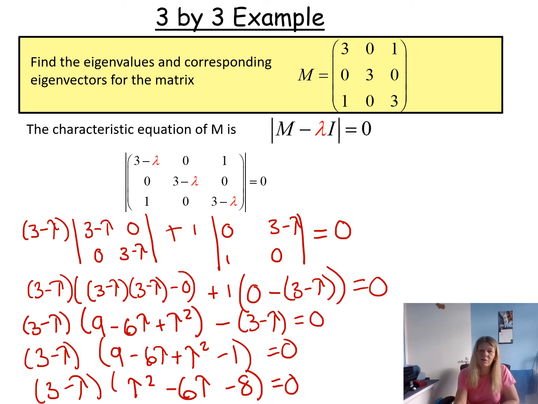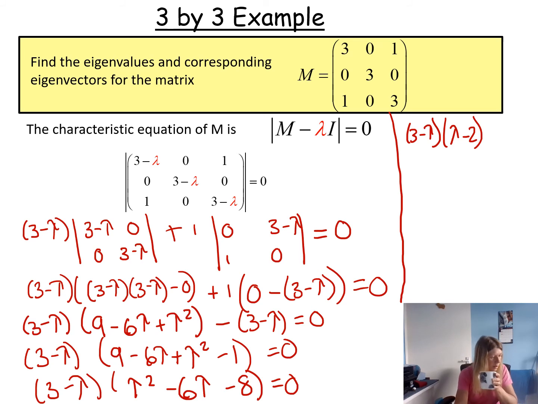Now if we try and factorise that, we've got (3 take lambda), and then that one will be, what, 2 factors? 2 and 4. So lambda minus 2, and oh, it can't be, and the plus 8, isn't it? What a wally. (Lambda minus 2)(lambda minus 4).